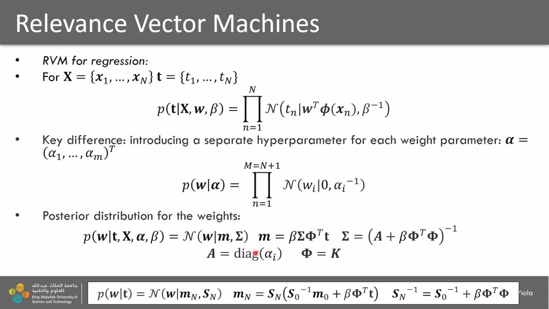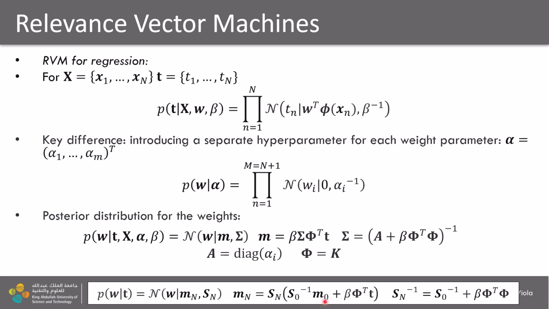Once we have the covariance matrix sigma, we can also express our mean, because the mean is calculated from the covariance matrix of the posterior, with some contribution from the prior, plus the likelihood contribution, multiplied with this covariance matrix. For the first part, we have m0, the prior mean.